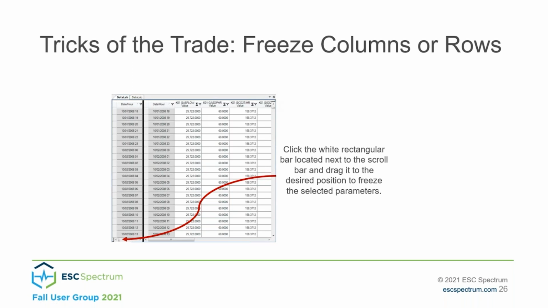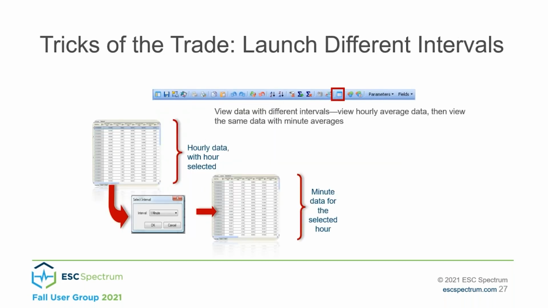Another thing that I like to utilize in DataLab is launching different interval data straight from your 1 hour data. By the way, DataLab defaults with 1 hour data. On the bottom left of DataLab, you'll have an option to select the interval of time, and by default it shows you 1 hour. So if you're starting with DataLab, make sure you have the right data interval selected.